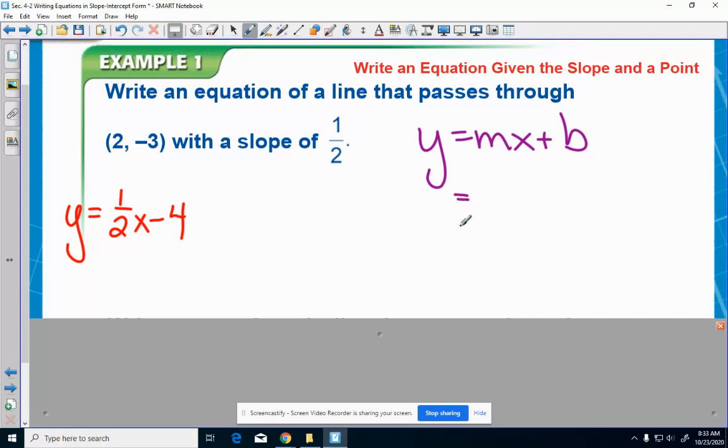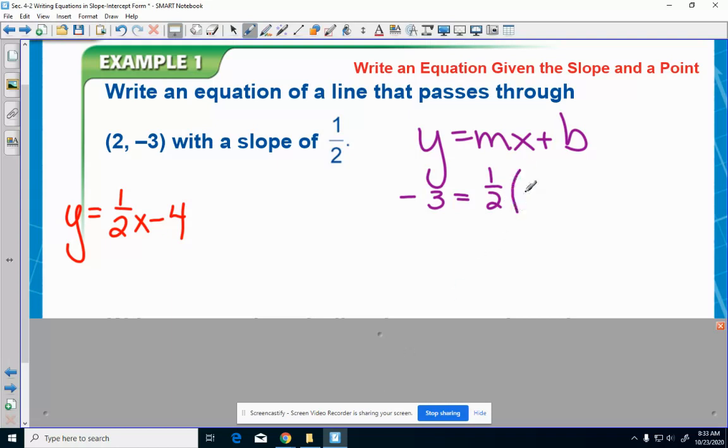Okay, so let's do that. Let's replace m with 1/2. I think if you look at the information given to me, you could even tell me what y is equal to. -3. You were told a value of y. I'll bet you could even tell me what x is equal to, and you would say 2, right?